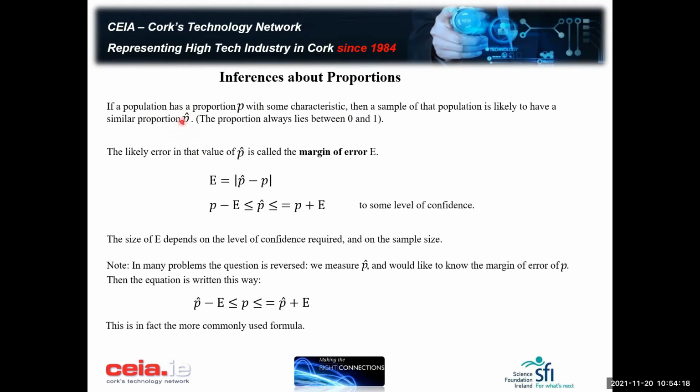So you have some error in this measurement, p hat, which is the measurement of the proportion in the sample. So the notation here is that P is the proportion in the whole population with the characteristic, and p hat is the proportion measured in the sample.